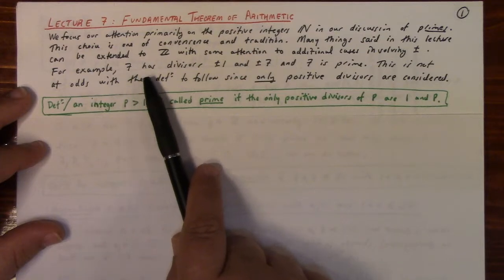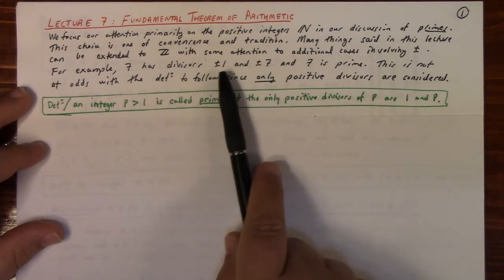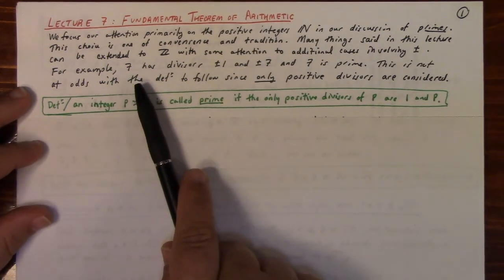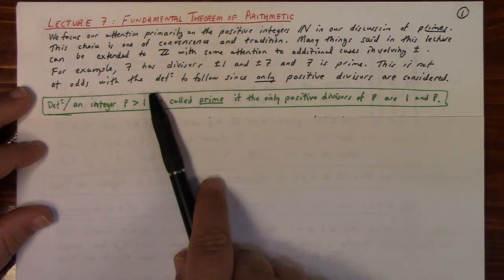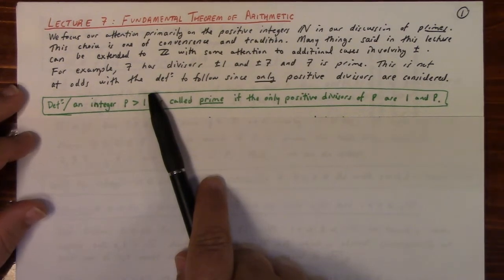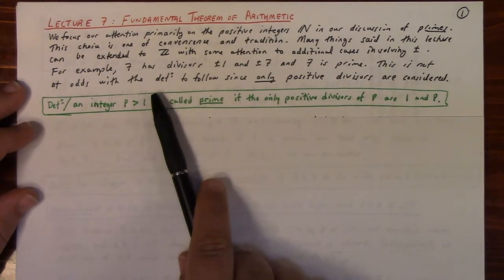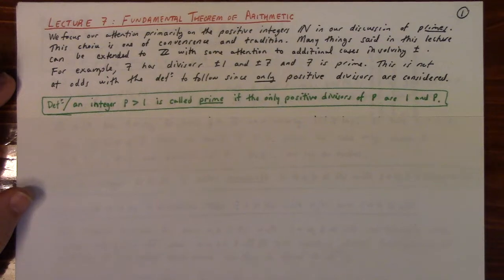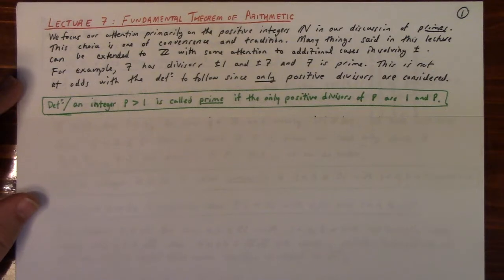But to keep things easier to discuss, it's a long-standing practice to just look at positive divisors. And so we'll continue that practice. But in the larger scheme of abstract algebra, that's kind of a special quirk of the study of integers.